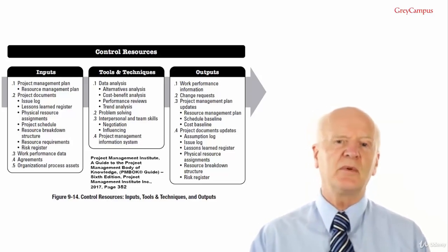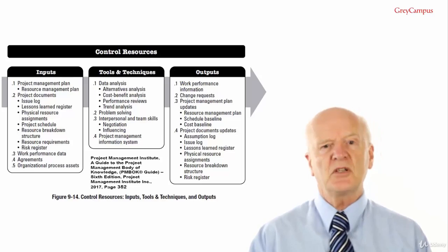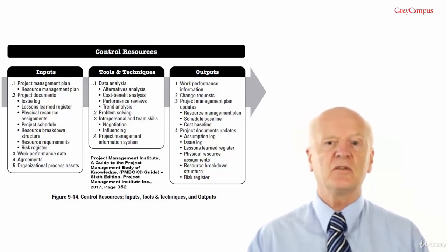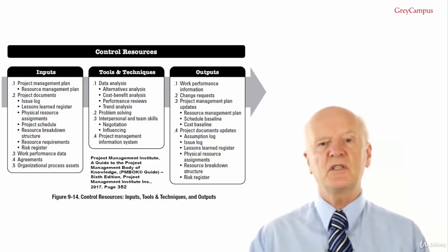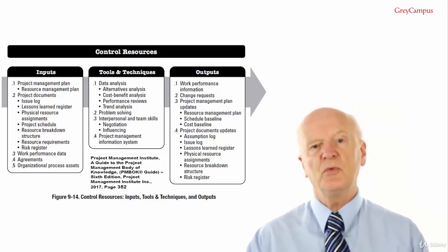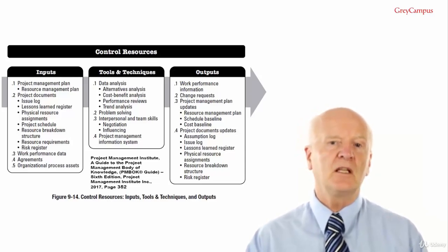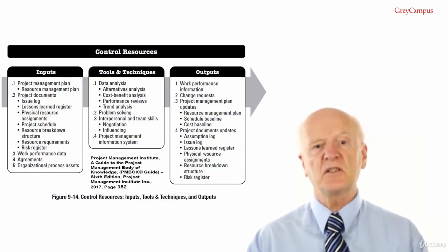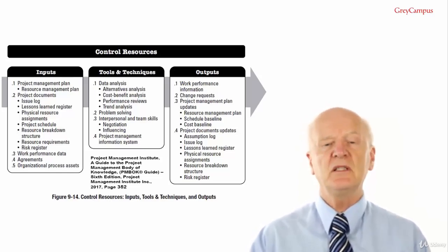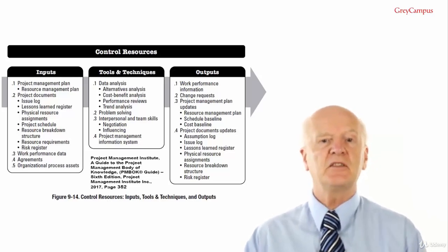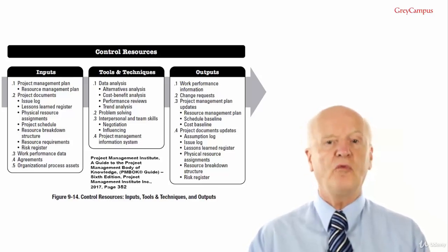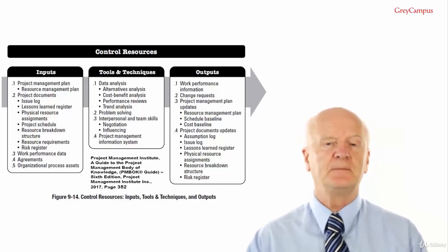Agreements are legal agreements such as contracts and form the basis of all resources external to the organisation and should define procedures when new unplanned resources are needed or when issues arise with the current resources. Number 5, organisational process assets would include policies regarding resource control and assignment, escalation procedures for handling issues within the performing organisation, and a lessons learned repository for previous similar projects.